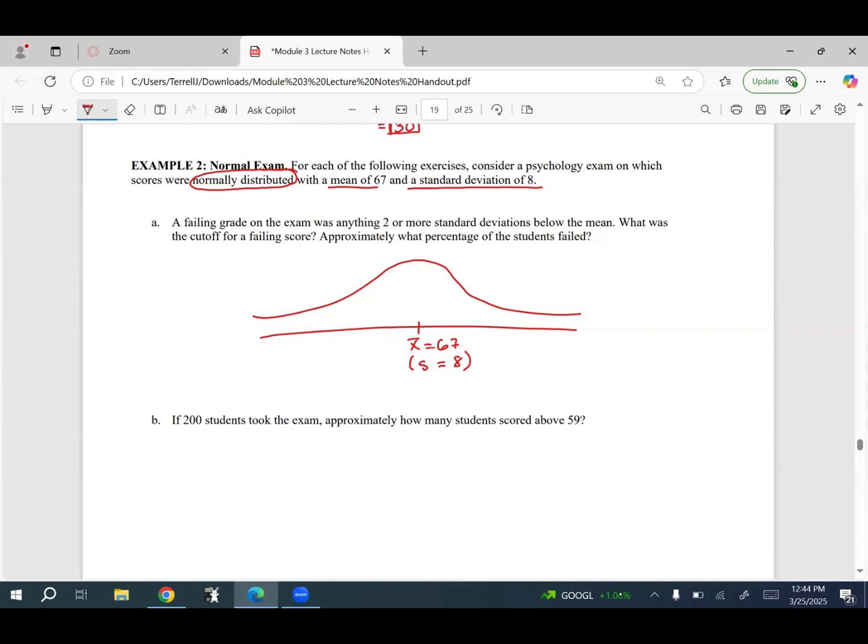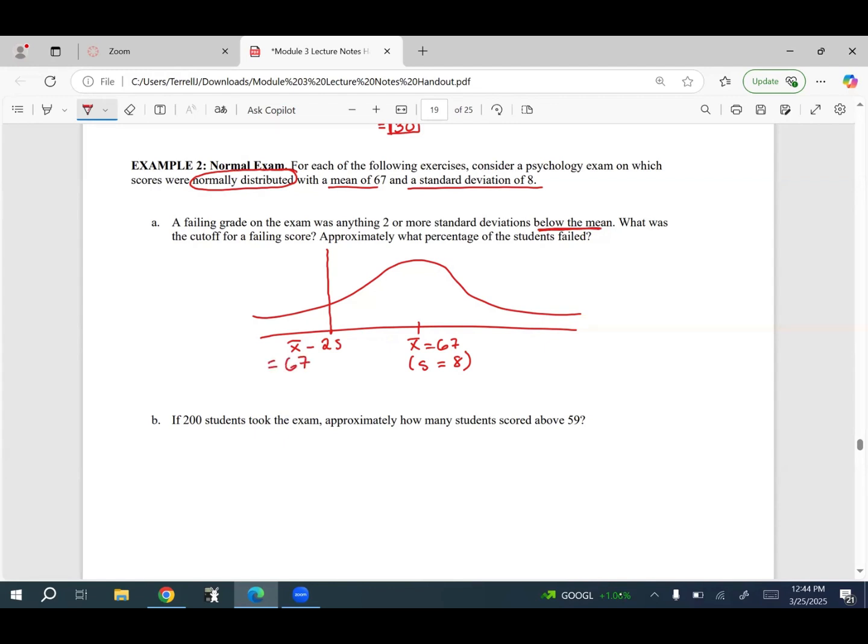So, if a failing score is 2 or more standard deviations below the mean, let's calculate what that would be. Its position would be to the left because it's below the mean, or lower than the mean. And I need to go 2 standard deviations to the left, which means I take the mean and I subtract 2 times the standard deviation.